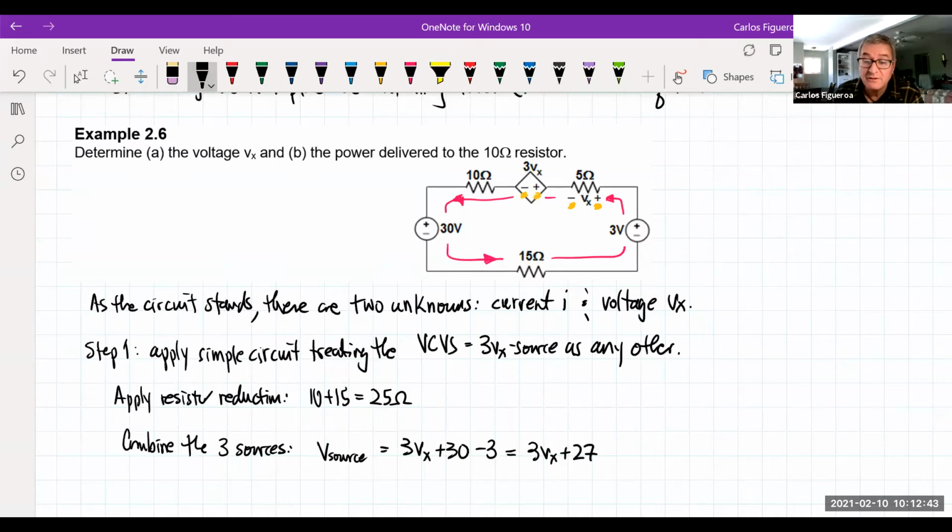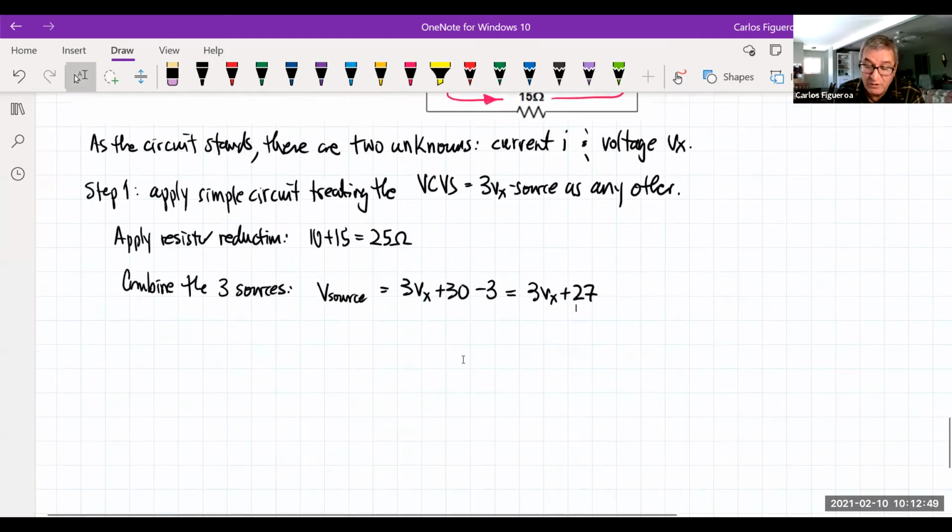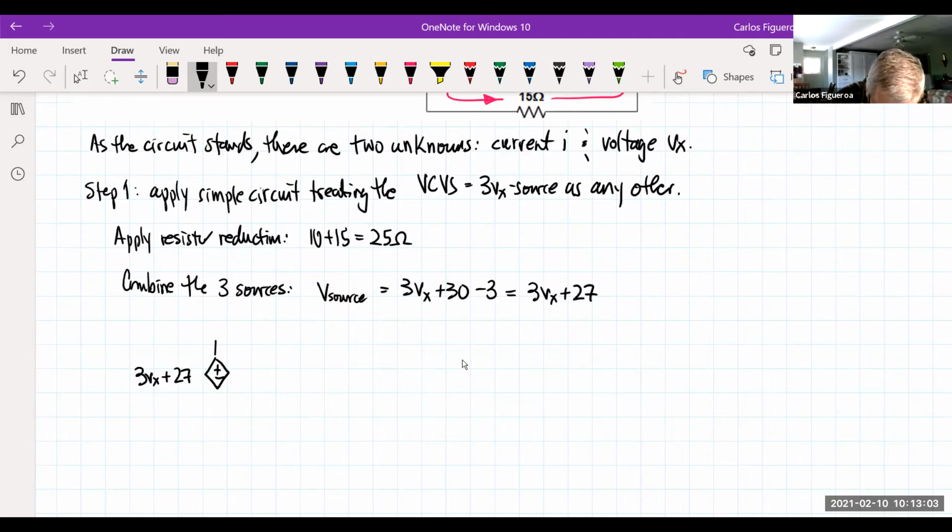Now I'm going to redraw the circuit here. As I redraw the circuit, what I really have is an equivalent circuit. My circuit then is now a dependent source that has a value of 3Vx plus 27. I have one resistor that's 25 ohms.